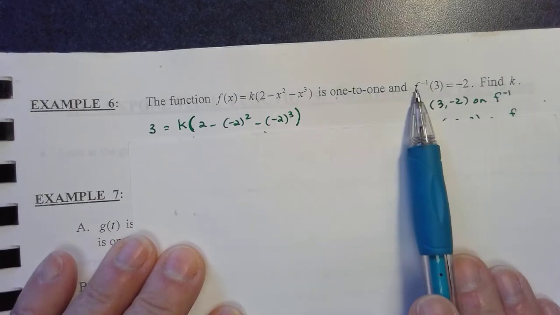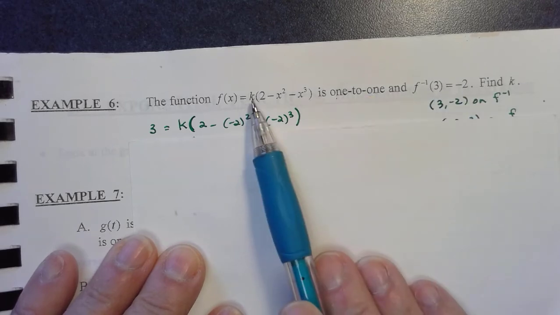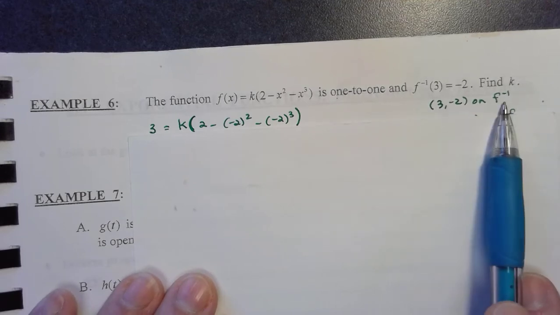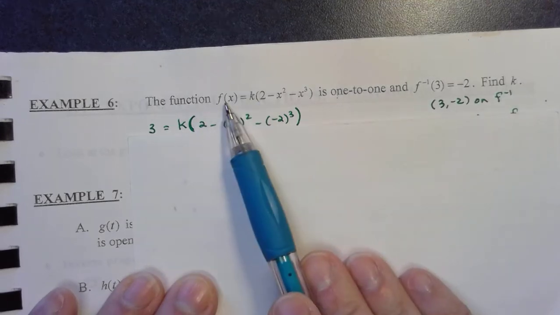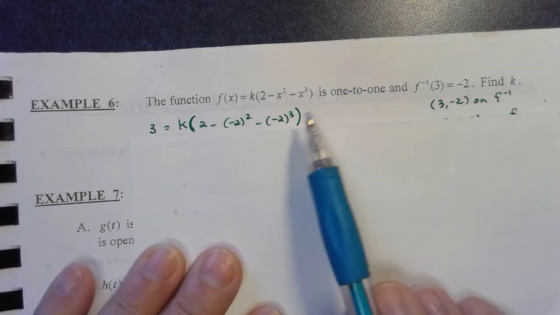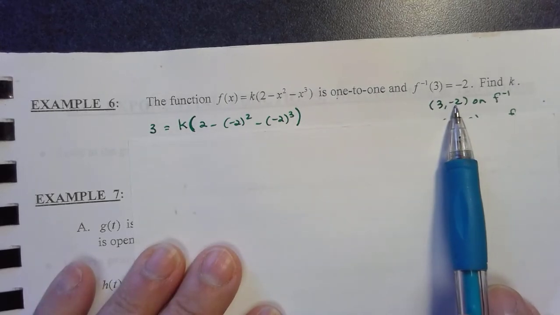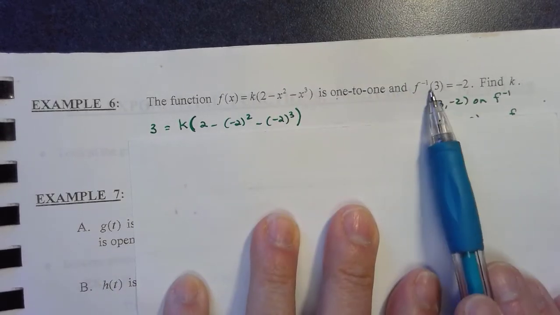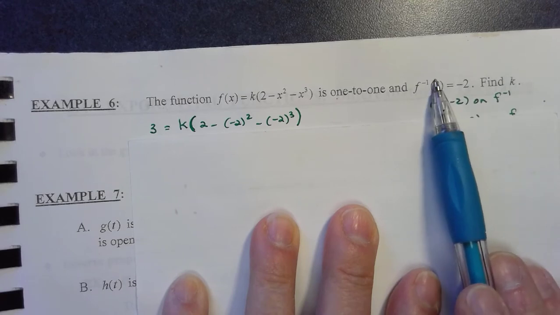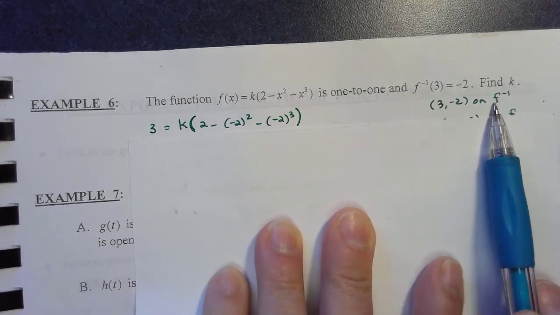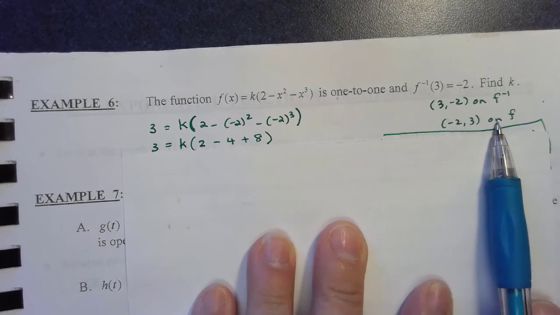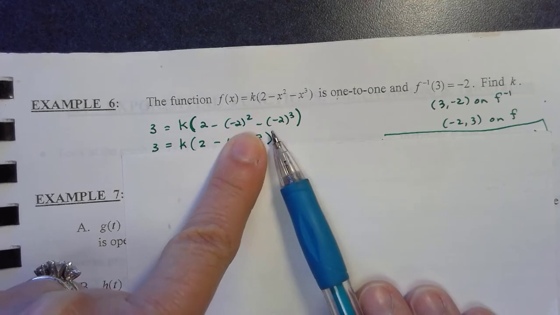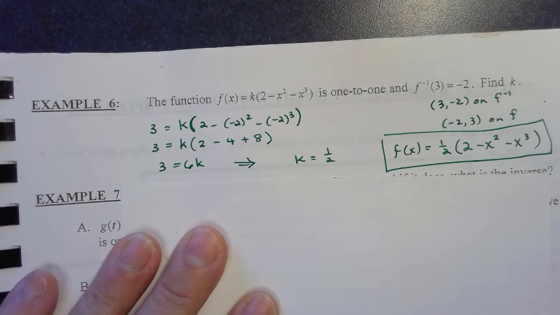If f inverse of 3 is negative 2, that means the point 3, negative 2 is on f inverse, which means negative 2, 3 is on f. Since this is f, I can substitute 3 here when x is negative 2 and solve for our k. Just a way to use inverse information.